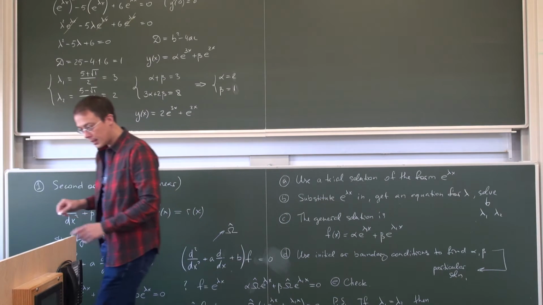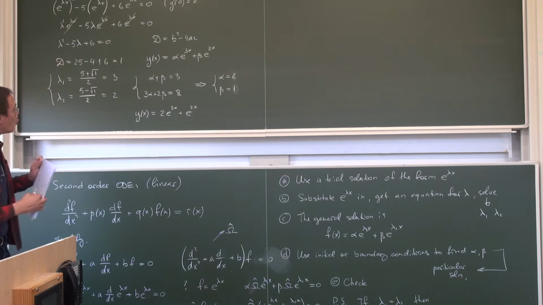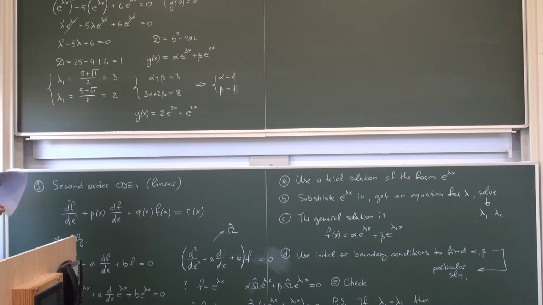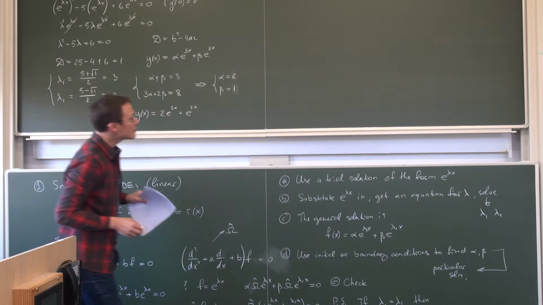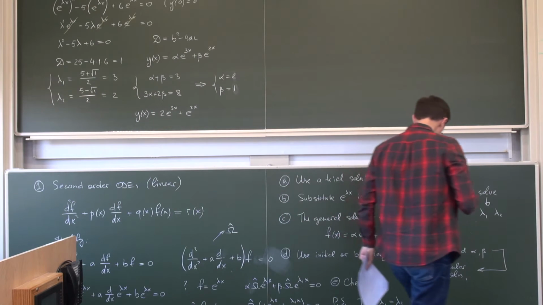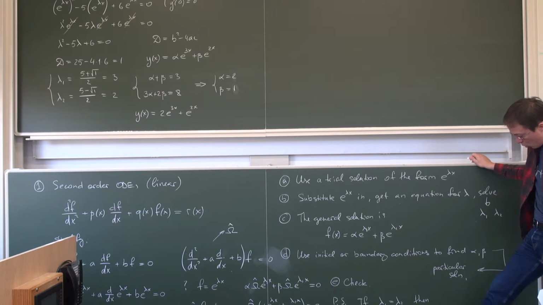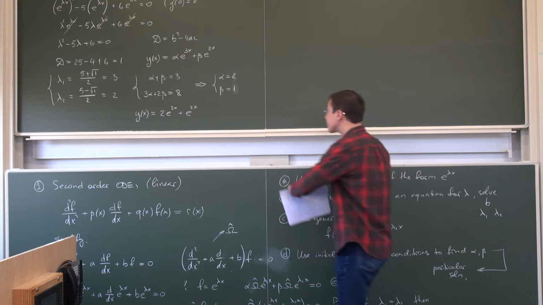Okay, so this is the case where the two eigenvalues were different. Let's consider the case when they are the same, where we have to use this so-called adjoint solution with the little x.